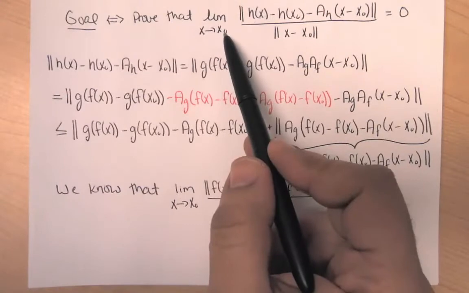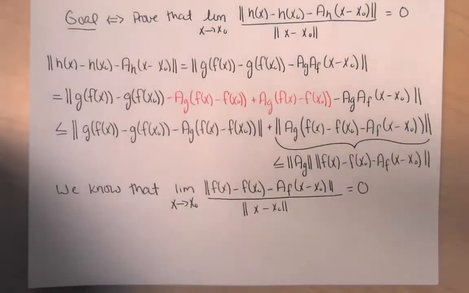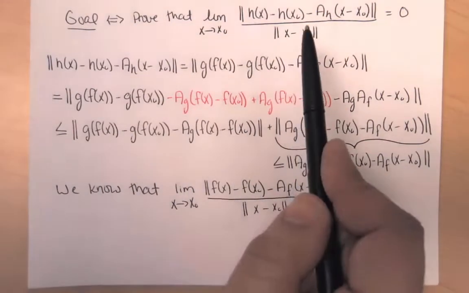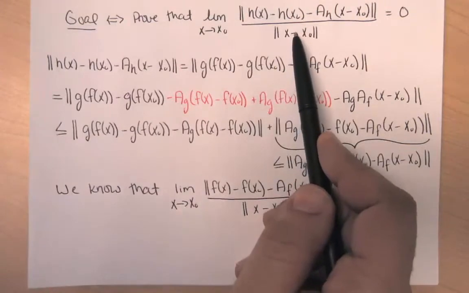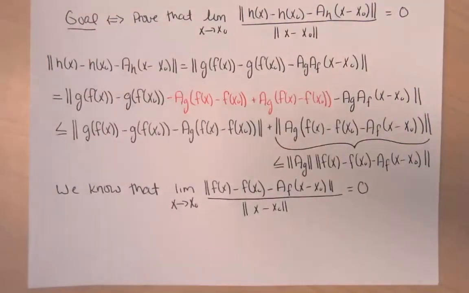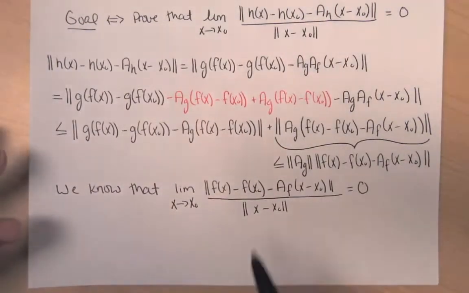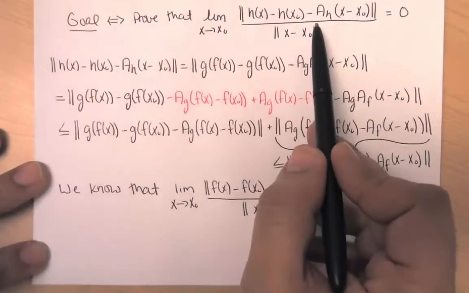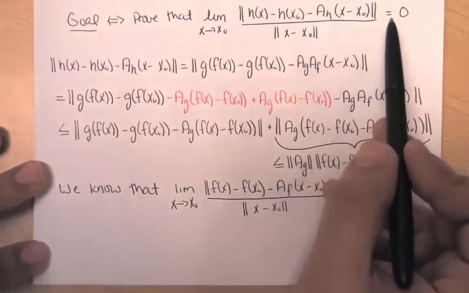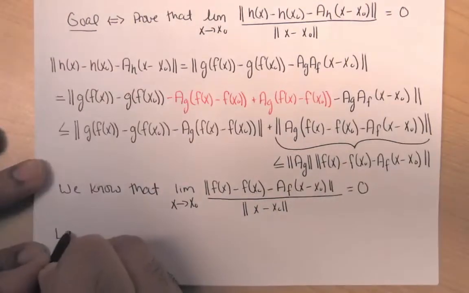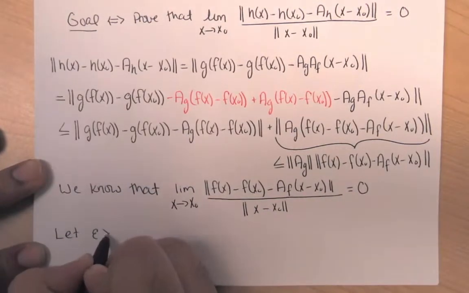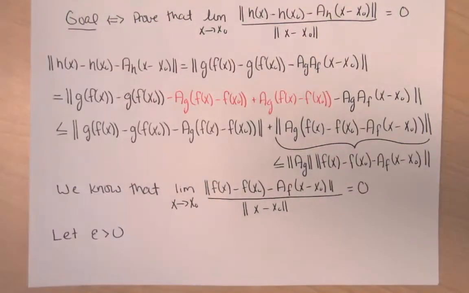Now, to show that a limit is true, we're going to have to break out our epsilons and deltas. So let's go ahead and state what the epsilon is for this. Of course, it's arbitrary, right? I got to prove that I can make this arbitrarily small if I say the limit is 0. So let epsilon be some arbitrary positive number.